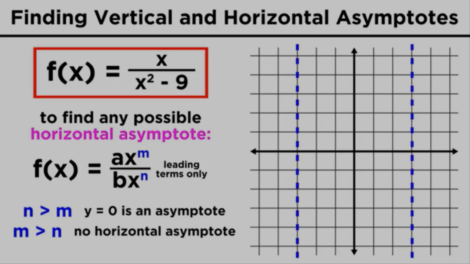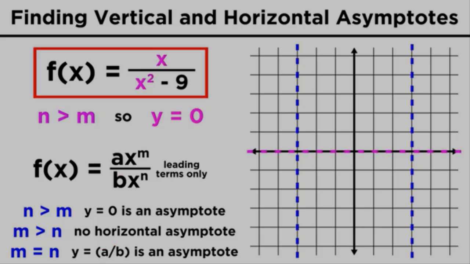If the numerator is a higher degree polynomial than the denominator, there will be no horizontal asymptote. If the two polynomials are of the same degree, then we take the leading coefficient of the top over the leading coefficient of the bottom, and y equals that number will be the horizontal asymptote. In this case, the denominator is of a higher degree as it is a quadratic, so y equals 0 is the asymptote.